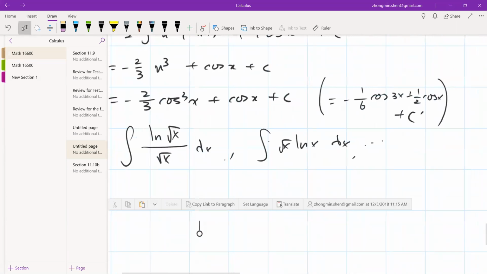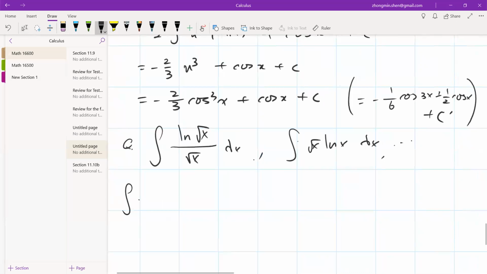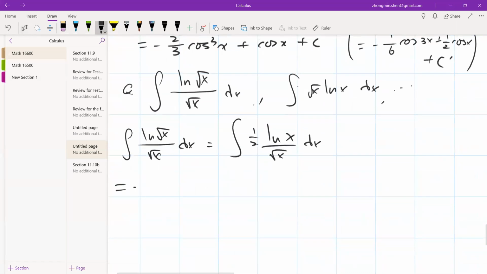One is natural log of square root x. This is going to be 1/2 natural log x, times x to the negative 1/2, something like that. You have to use integration by parts to solve it. You have to differentiate natural log x in order to get rid of it.